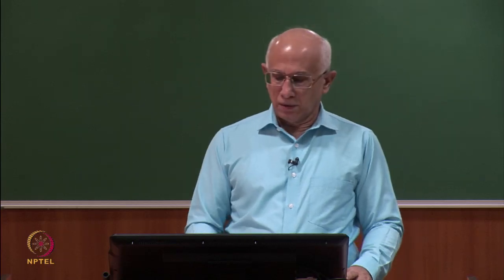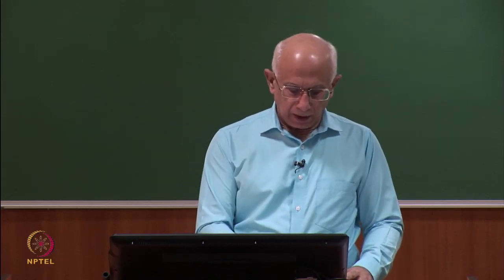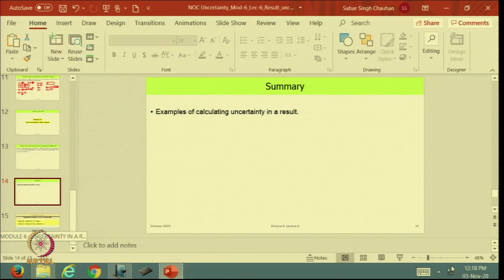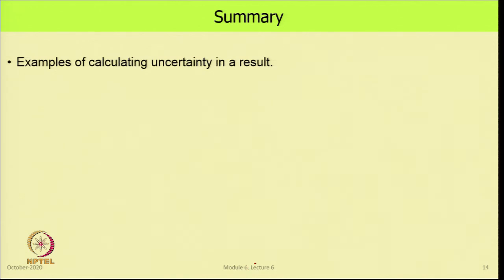So, we saw one more example over there, and we will conclude at this point and pick up more examples later on. And to summarize what we have done, we have seen various ways by which we can calculate the uncertainty in the result.